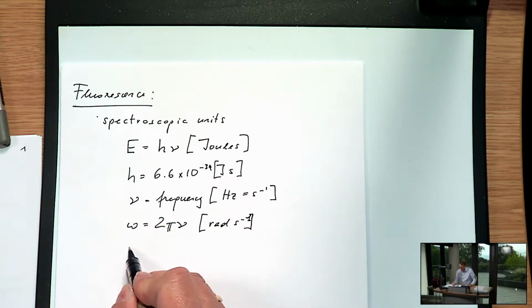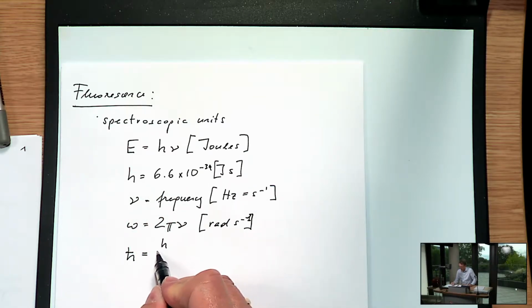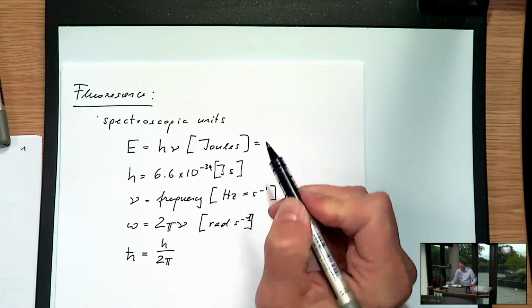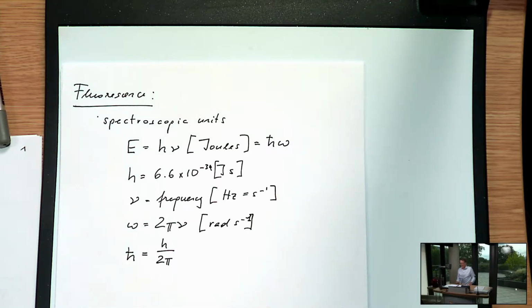But before we do that, I need to define a quantity called h bar, which is just Planck's constant divided by 2 pi. So with that, we can also write this in angular frequency units as h bar times omega. And again, the energy of a photon is in joules.